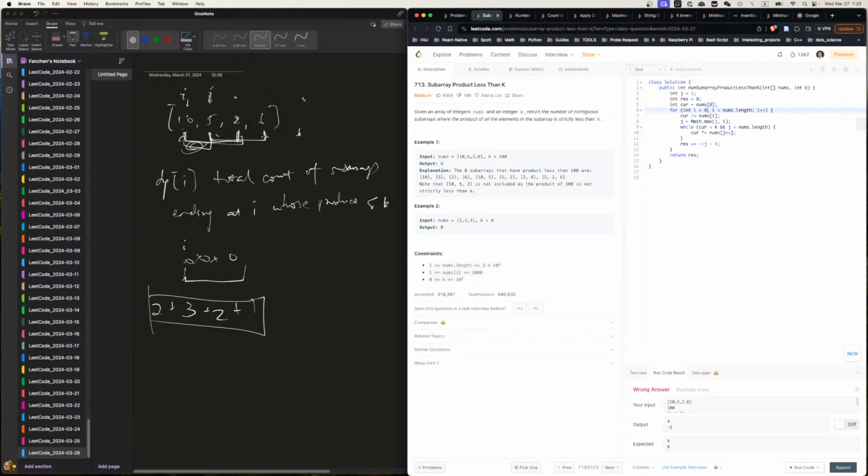Because I want I to be 0, right? I is 0 and j is 0. So I multiply this. I think this is good. We're just going to change this.